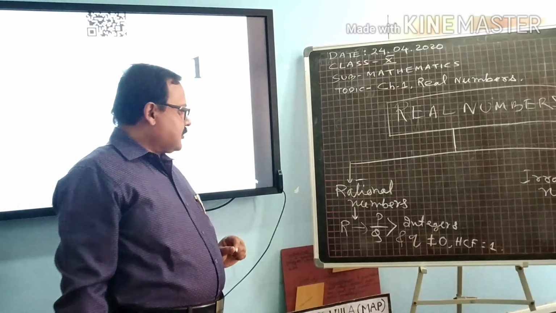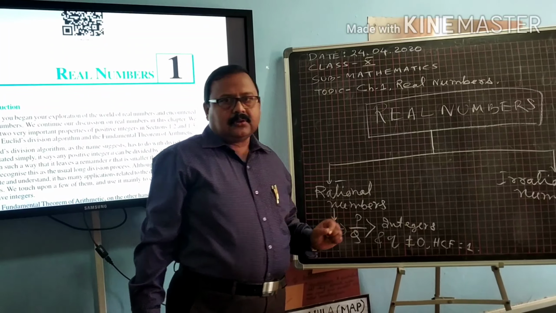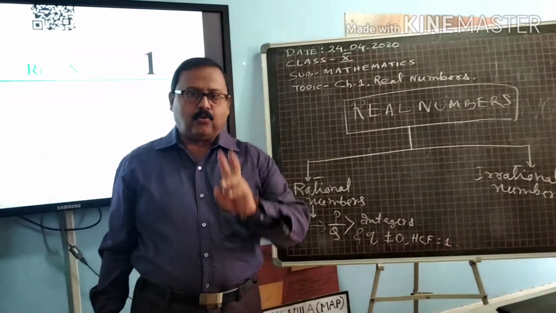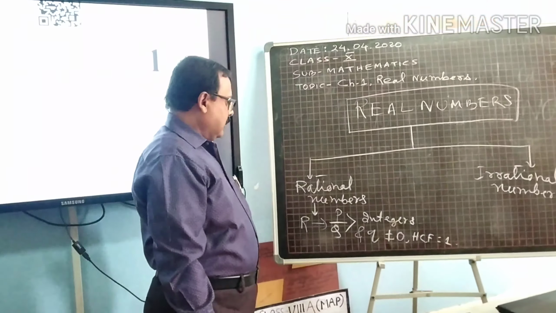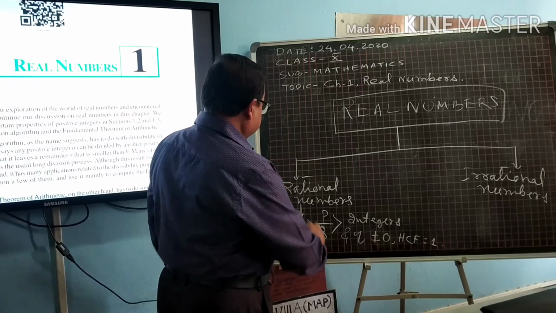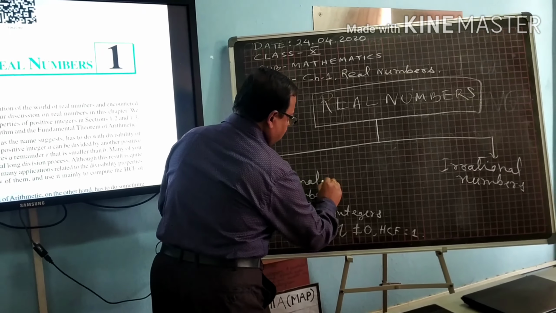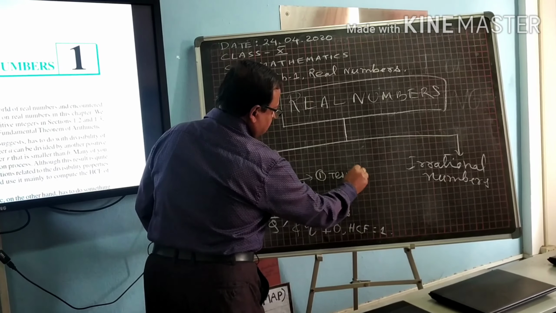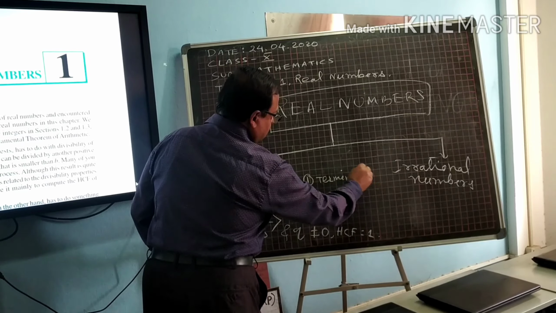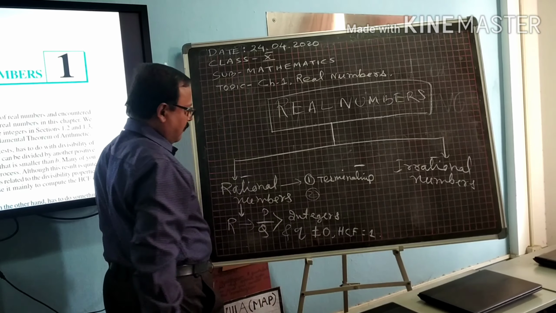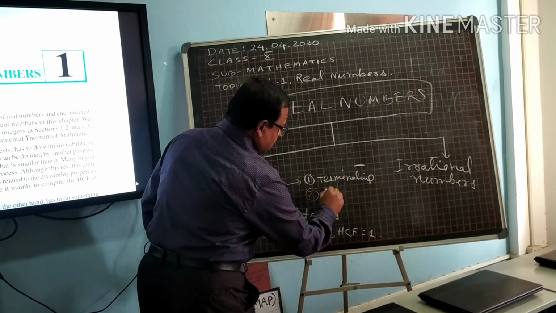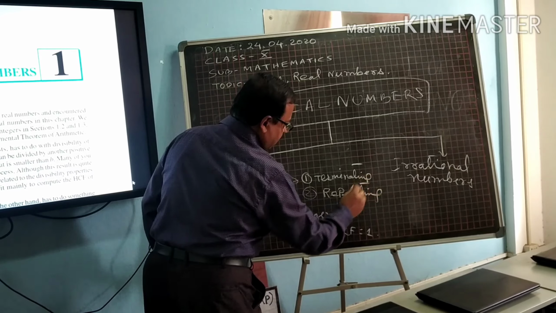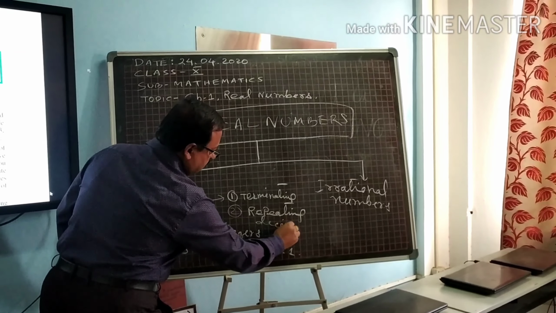And these rational numbers have mainly terminating decimal representation or non-terminating recurring decimal representation. Both types of decimal representation are there in the rational numbers. Number 1, terminating decimal representation, and number 2, repeating or recurring decimal representation.